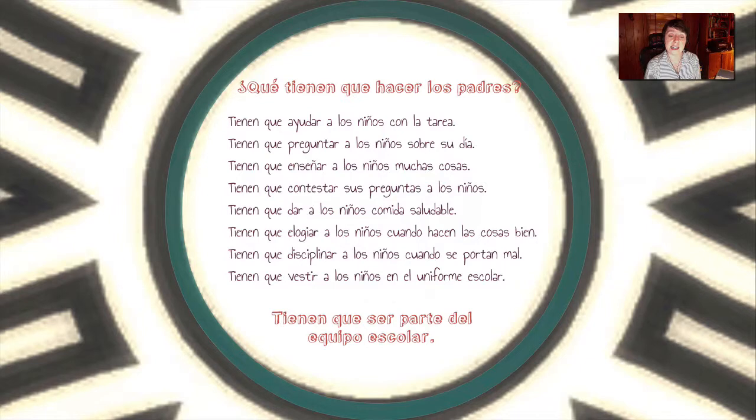Tienen que disciplinar a los niños cuando se portan mal. You have to discipline the kids when they behave badly. Tienen que vestir a los niños en el uniforme escolar. You have to dress the kids in the school uniform.